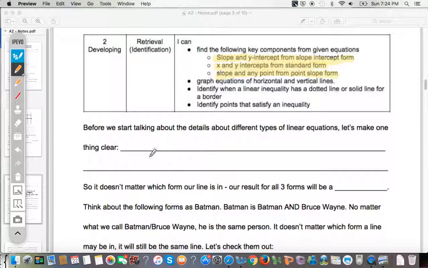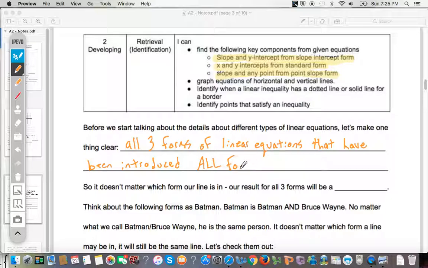Before we start talking about the details of different types of linear equations, let's make one thing clear. All three forms of linear equations that we just talked about, or that have been introduced, all form lines.